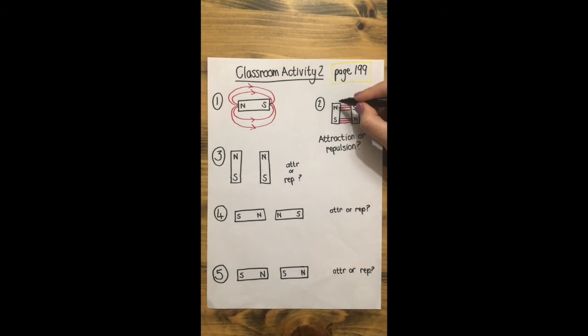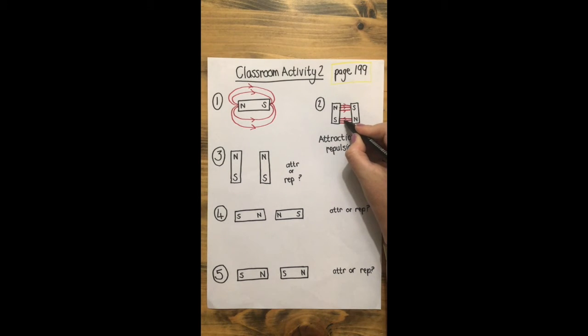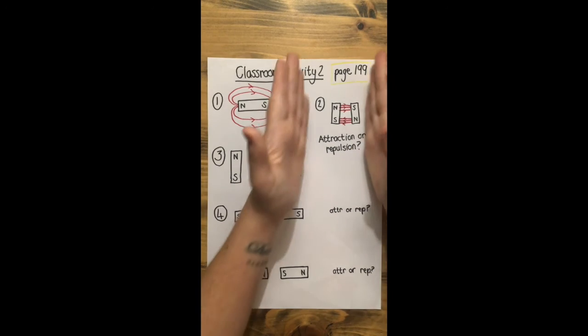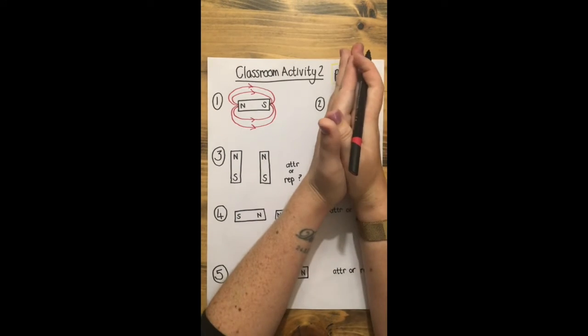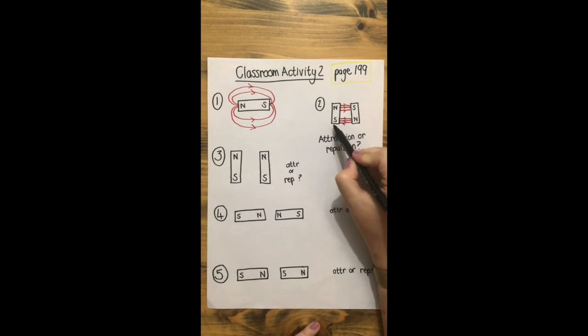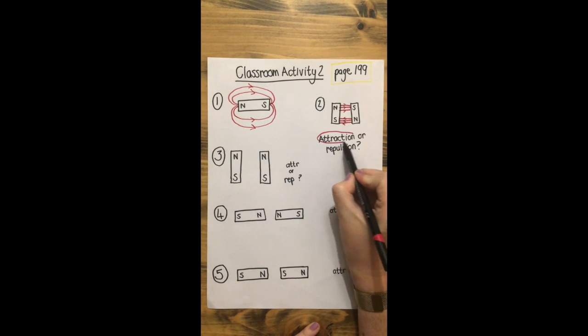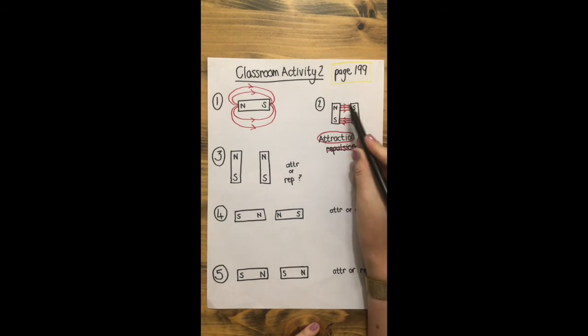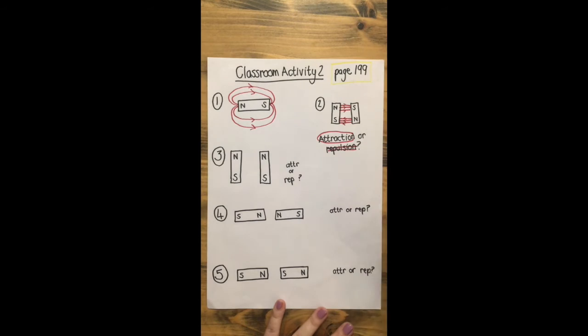You should be thinking our magnetic field always goes from north to south, and we can't just do the same arrows on this side because we have to go from north to south, and this magnet would be attracted, as those are opposite magnetic poles.